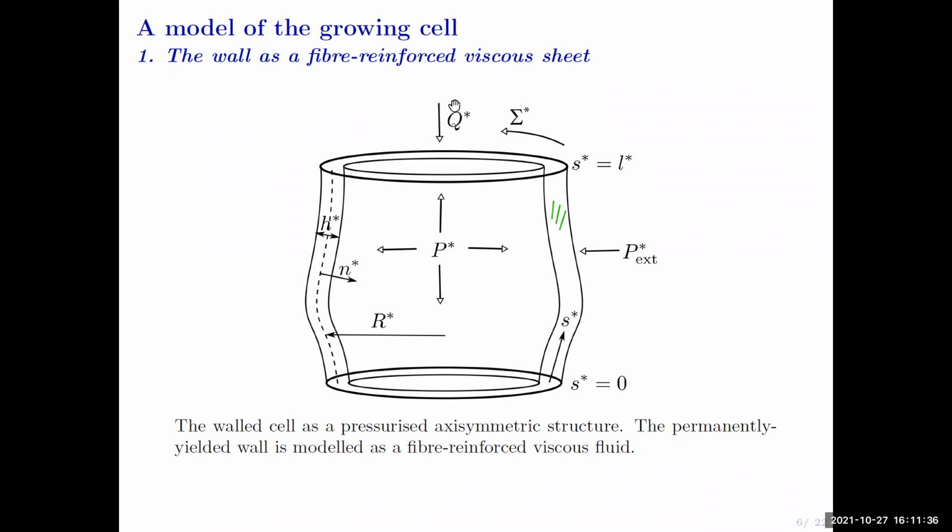So there are a few other forces involved. There's an external pressure here, Q, which is entirely in the axial direction, possibly due to neighboring cells. And we also have here a big sigma, which represents a kind of torque-like force. It's actually torque per unit area, but it acts in the azimuthal direction on the cell wall on the top surface.